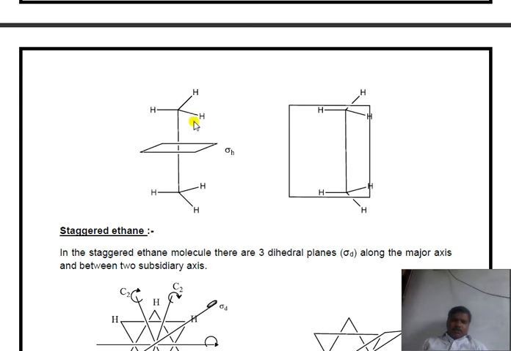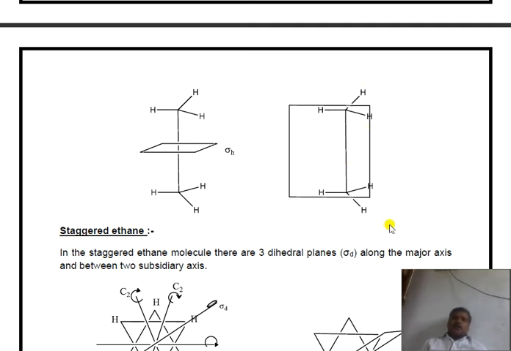There is also a principal axis C3 which passes through the carbon-carbon bond, like this. For this C3, a plane of symmetry is perpendicular, so it is a sigma h, and it also has three sigma v's which are parallel to the principal axis C3.